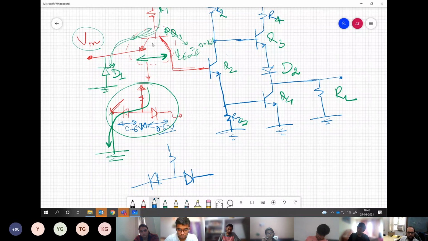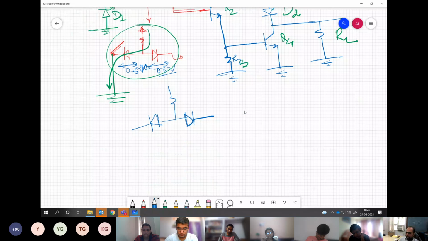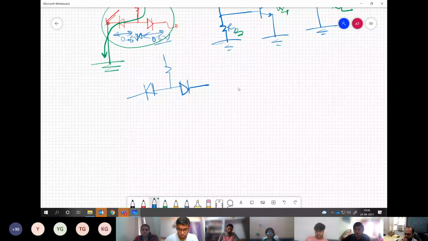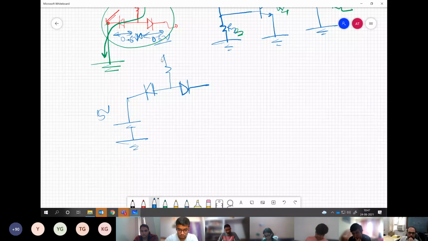But it is a transistor, all the behavior is of a transistor. So once the base emitter junction is broken, this will have VCE sat voltage coming across this. Any confusion in this? Okay. So now let us apply some high voltage, let's say 5 volts over here, and you have 5 volts over here.